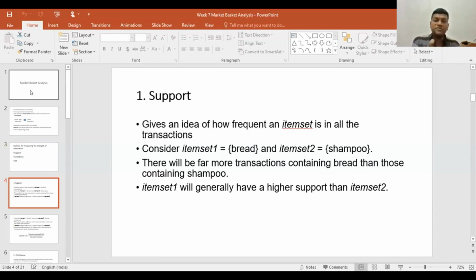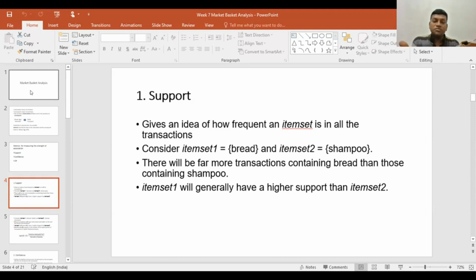And item set 2 is shampoo. We can be reasonably sure that the purchase of bread is more frequent than the purchase of shampoo. There will be far more transactions containing bread than those containing shampoo. Hence, we say that item set 1, bread, will have a higher support than shampoo. It's just the count. It's actually the fraction of times bread will appear in people's shopping baskets.